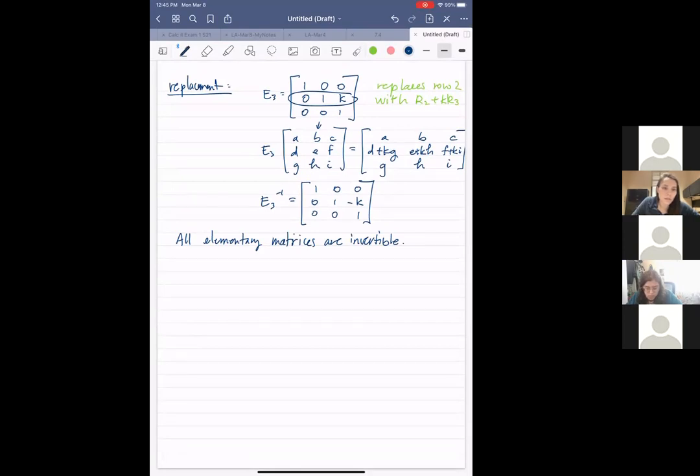Okay, and that will come up in just a second. So we wanted to, I believe we stated this theorem last time, and now we can prove it.